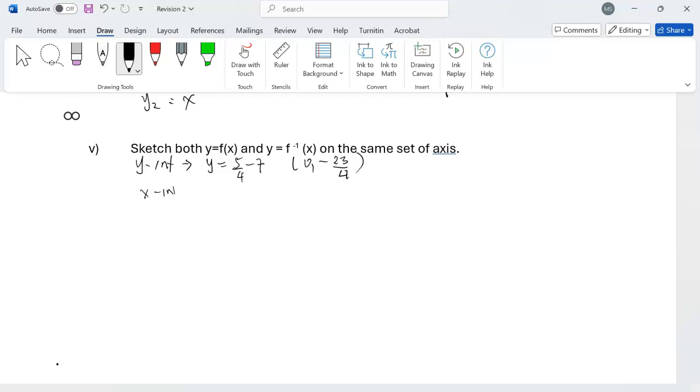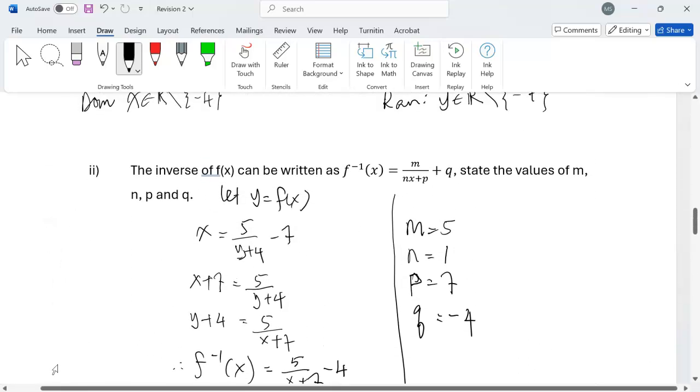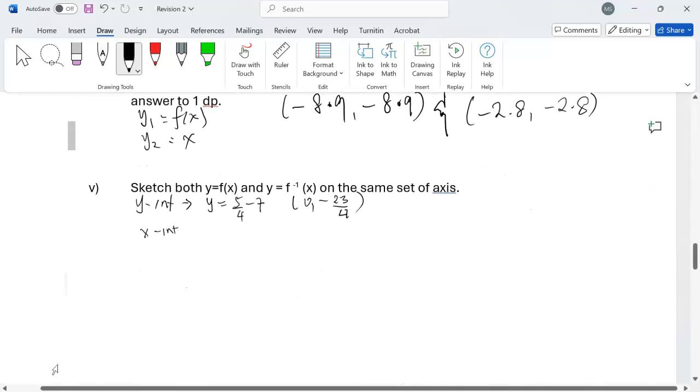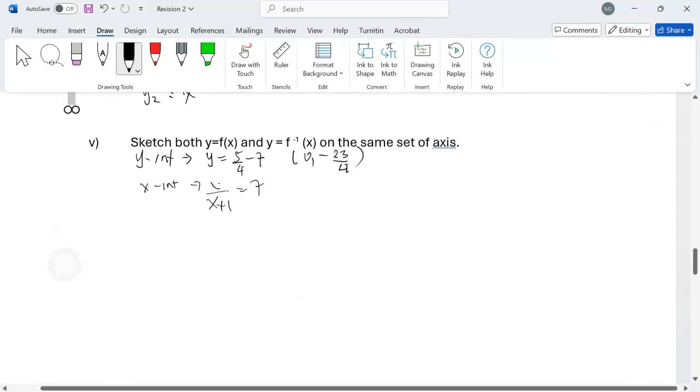And then you need to find your x-intercepts. Your x-intercepts means your y would be equal to 0. So y equals 0, you're going to get 5 over x plus 4 equals 7.